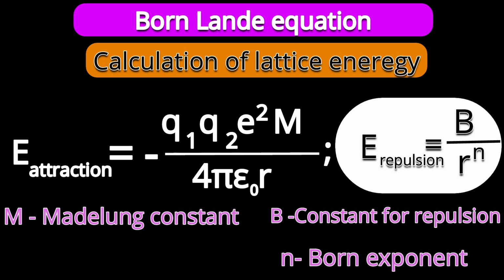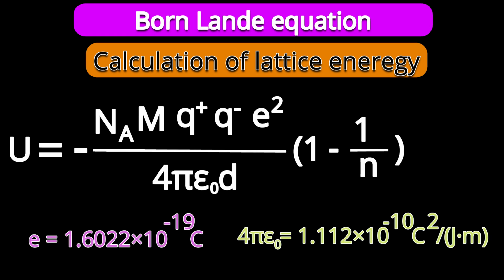After simplification, lattice energy is equal to minus NA into capital M into Q plus into Q minus e square divided by 4 pi epsilon 0 d, in bracket 1 minus 1 upon n. Here NA means Avogadro number, M is the Madelung constant.